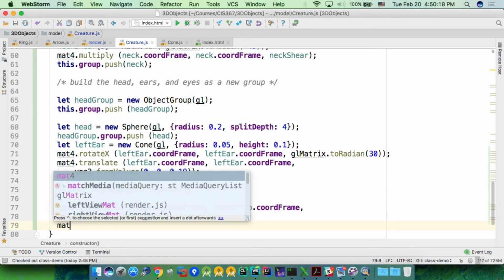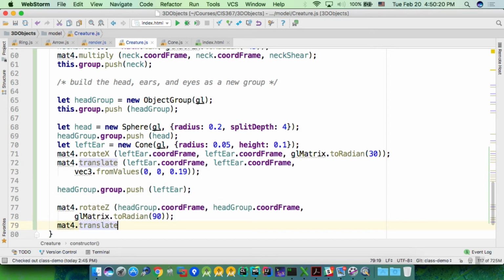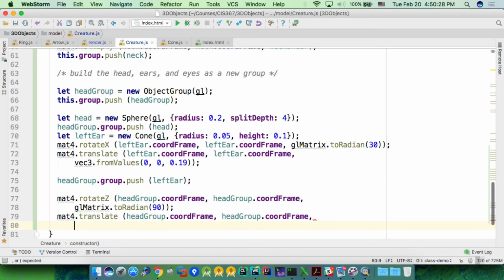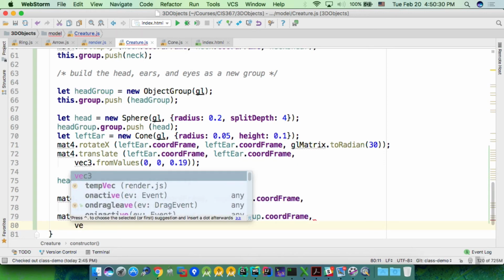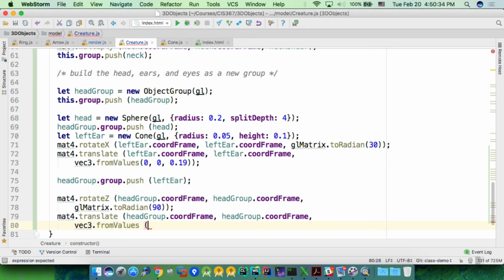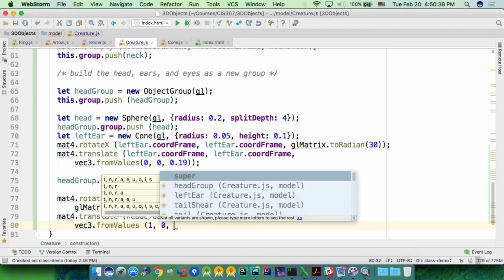After that, I want to translate the head group coordinate frame by some amount, vec3 from values along x and z.